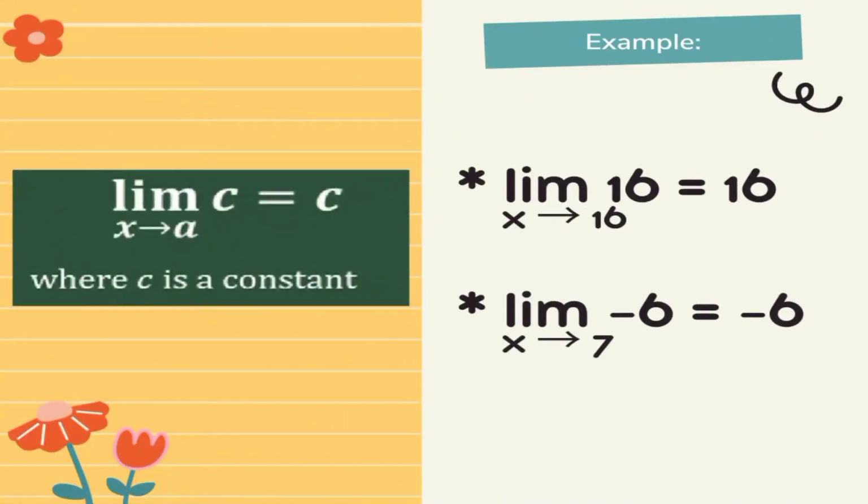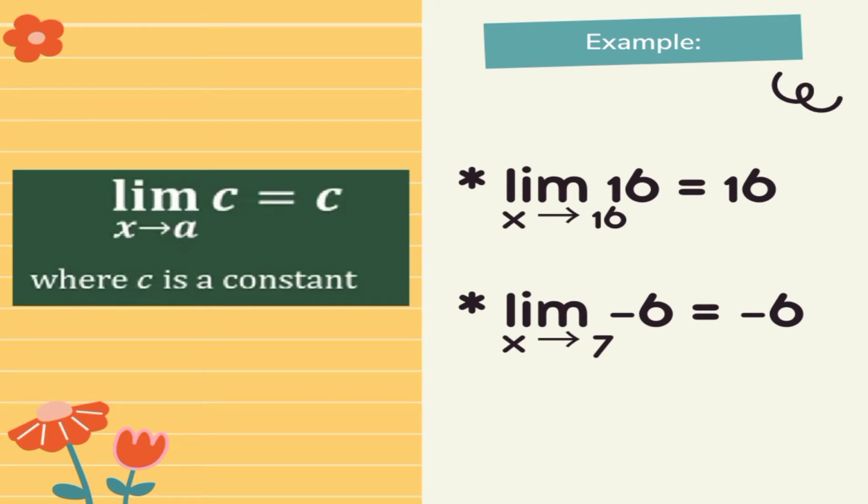For our example, we have the limit of 16 as x approaches 16 is equal to 16. The constant here, or the letter c, is 16, so we are just going to copy 16 and the answer is simply 16.